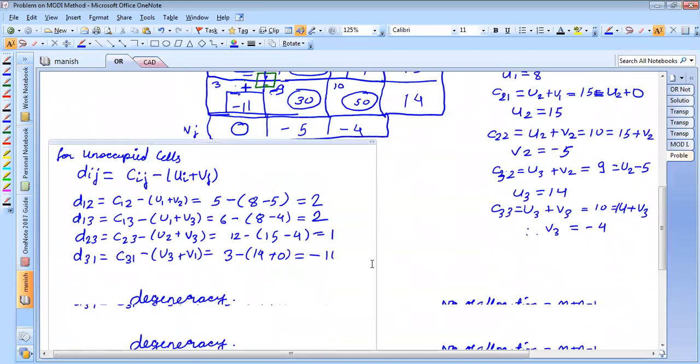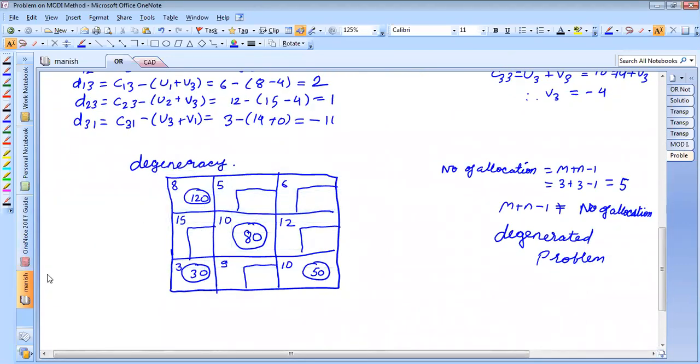If you see degeneracy, the answers that you are getting, see, 120 plus 30 will make it 150, which is satisfying your demand constraint. This is also 80, so this will also satisfy your demand constraint. This is 50, this will also satisfy your demand constraint. This is 120, will satisfy your supply constraint. 80 will satisfy your supply constraint, and 50 plus 30 is 80.